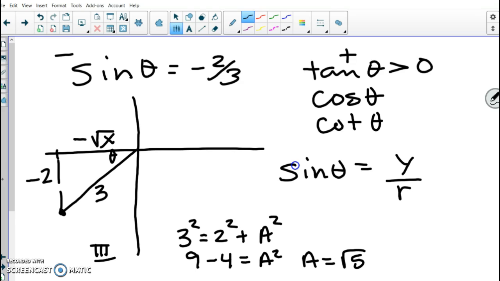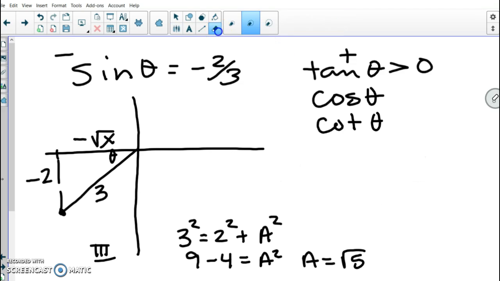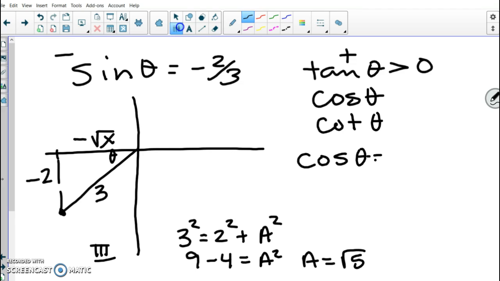So with that information, we can come up with the cosine. Cosine is defined as x over r. We can quickly see that instead of x in there, we should have put a negative square root of 5.